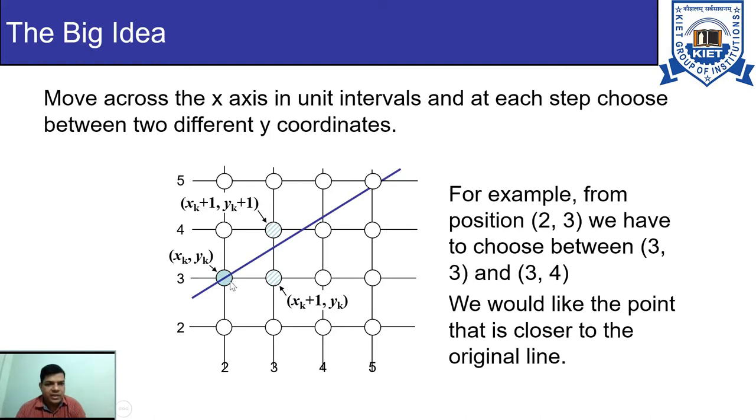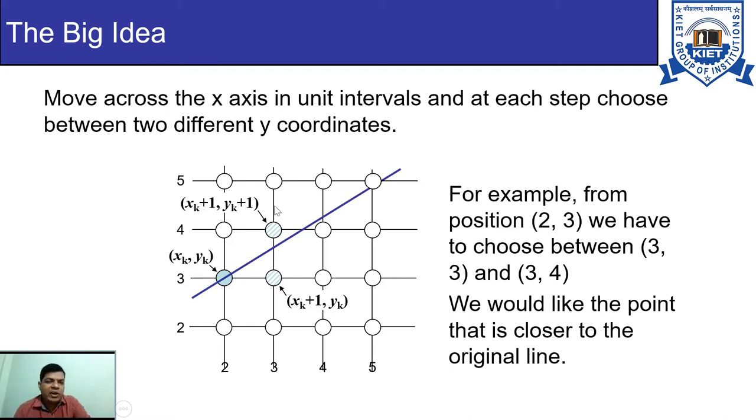We have to approximate the next value, and we know that this line has slope less than 1, so we simply increment the value of x. The initial value of x is xk, and now the value of x becomes xk plus 1.